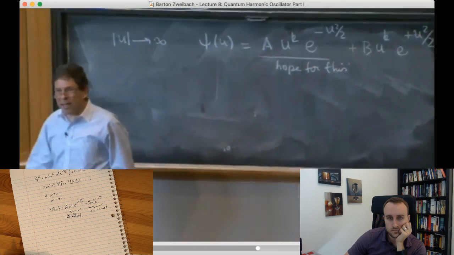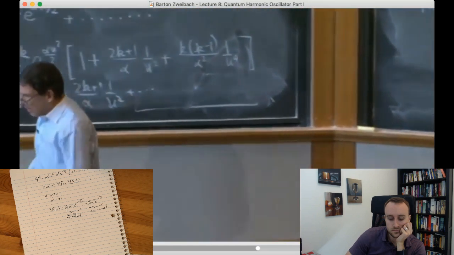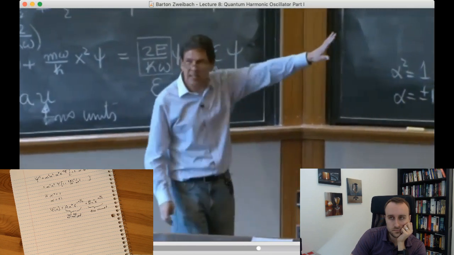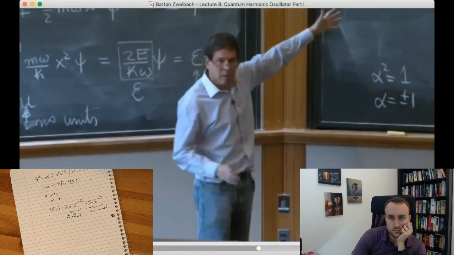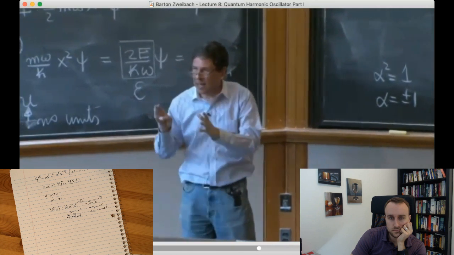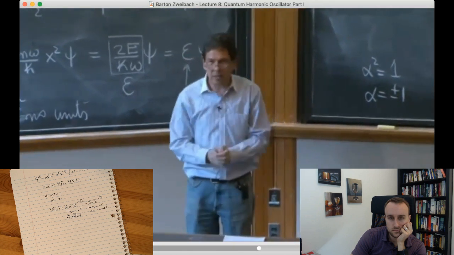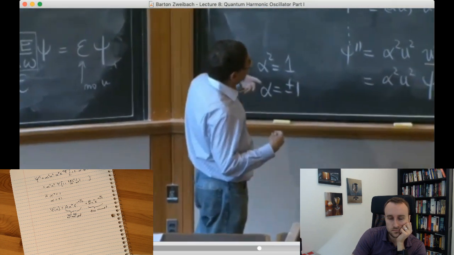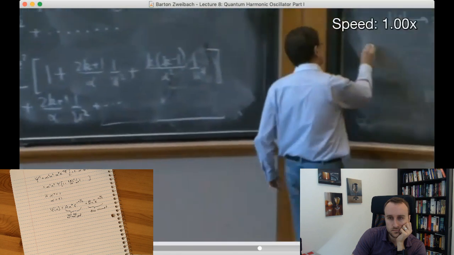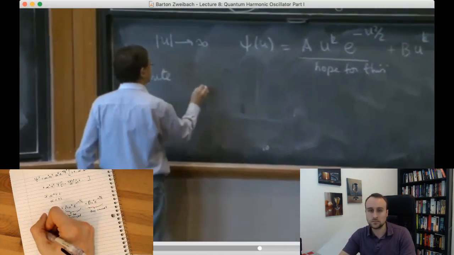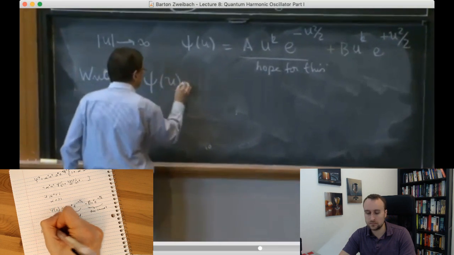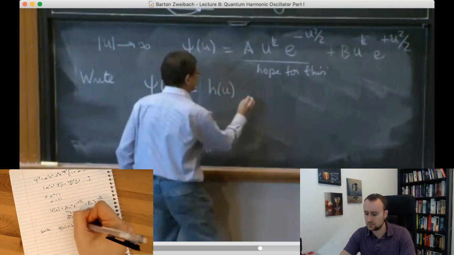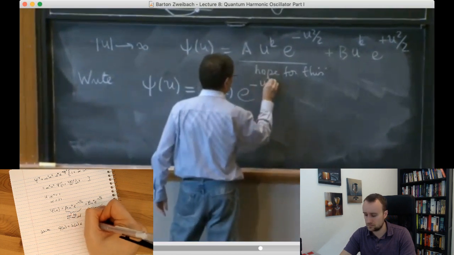But we want to translate what we've learned into practical advantage in solving the differential equation, because after all, we wanted insight into how it looks far away, but we want to solve the differential equation. So how can we use this insight to simplify the solution? The idea is to change variables a little bit. So write psi of u to be equal to h of u times e to the minus u squared over 2.